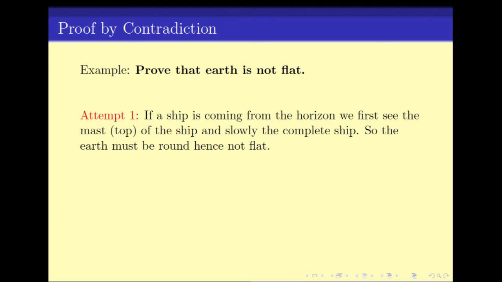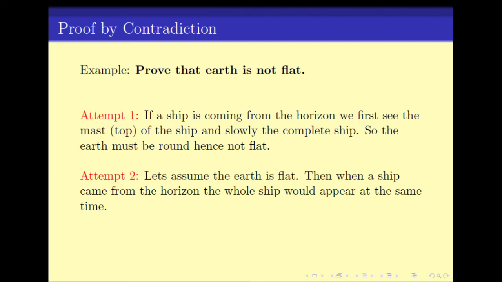So you argue that the earth must be round and not flat. There is one more way of doing it. Let us assume that the earth is flat. Now, if the earth is flat, then when the ship comes from the horizon, the whole ship would appear at the same time.